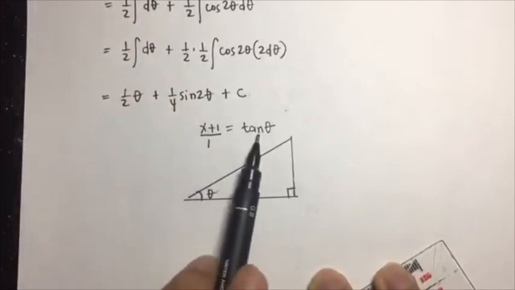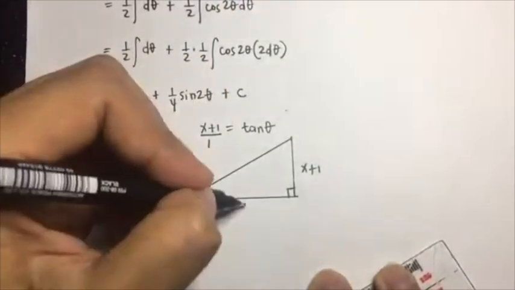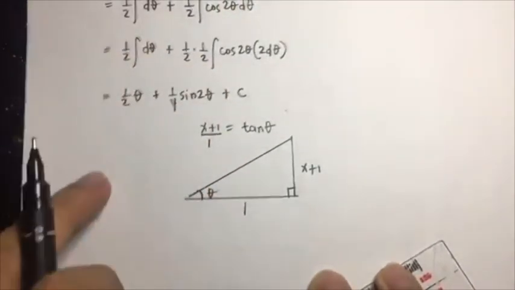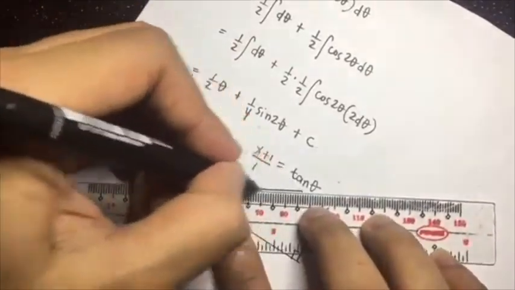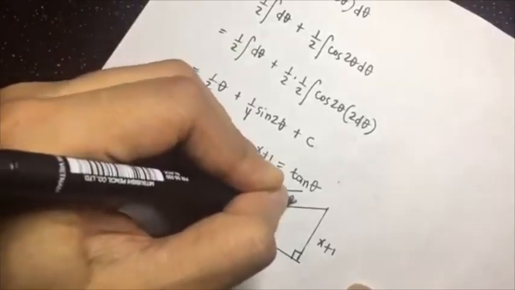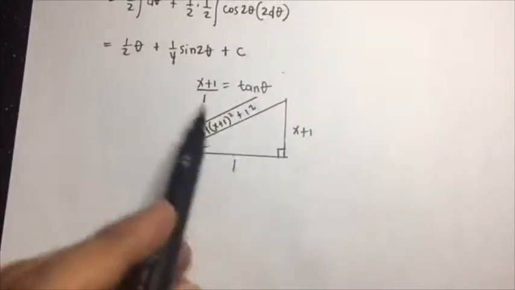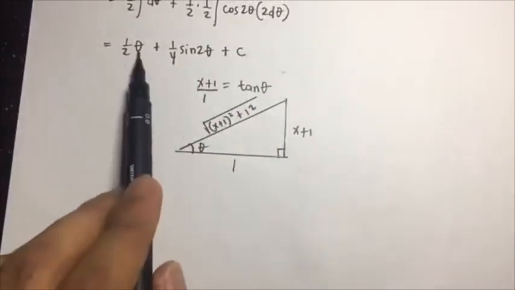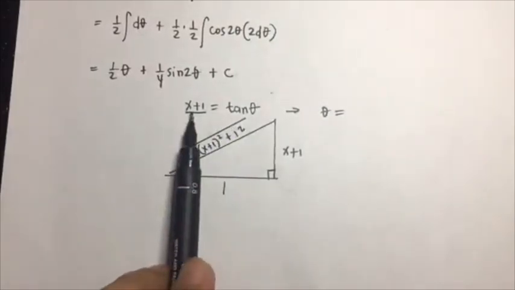Therefore, opposite is x plus 1, adjacent side is 1. The hypotenuse is, by the Pythagorean theorem, the square root of (x plus 1) squared plus 1 squared. From this substitution we can now obtain theta. Since tangent theta is equal to x plus 1, theta is equal to arctan of x plus 1.